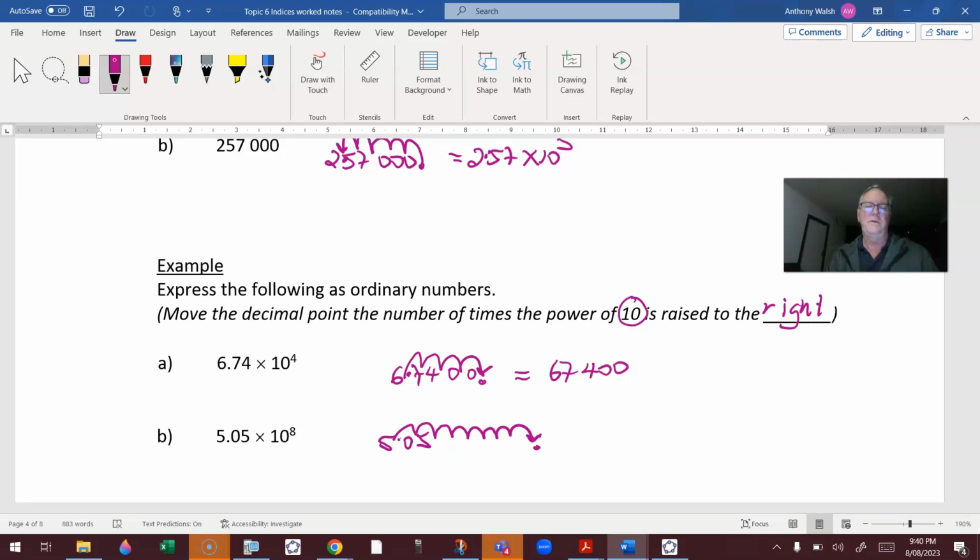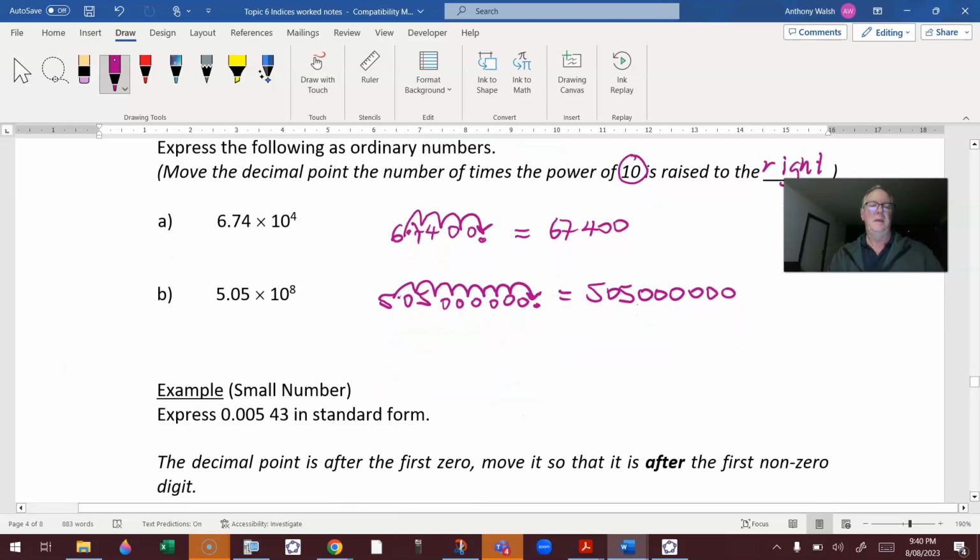So it's gone over the first 2 digits, 5 and 0, and it's got 6 gaps afterwards. Fill them with zeros, and then write it out properly again. So that would be 505, and then 6 zeros after that. So that is 505 million.